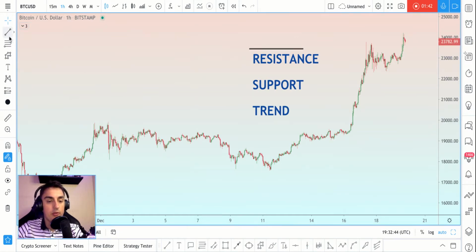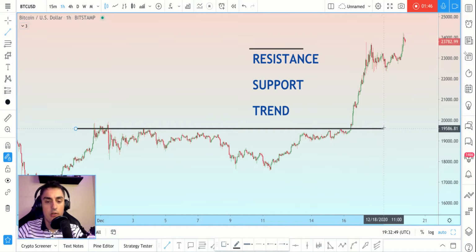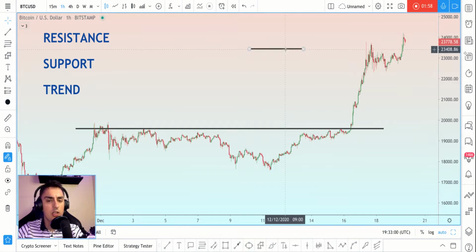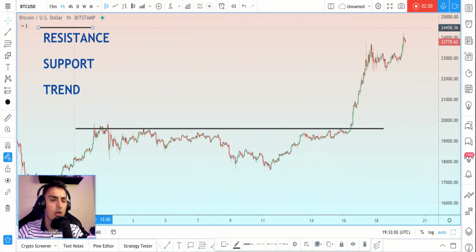You can turn on your imagination and try to connect a few tops, right? You can see on this example there's one, two, three, four touches or something like that. It is not important how many touches a resistance or support has.